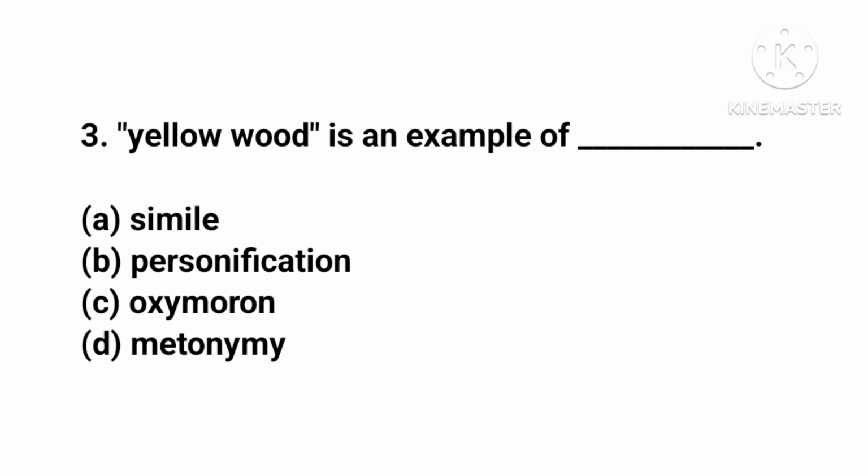Now number 3. Yellow wood is an example of dash. Option A, simile. Option B, personification. Option C, oxymoron. Or option D, metonymy. Which of the following is correct?